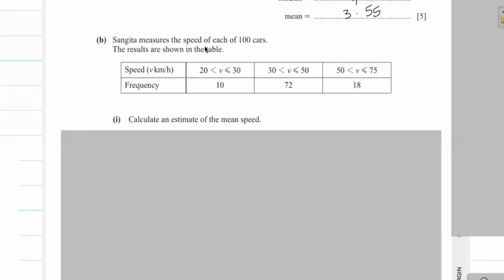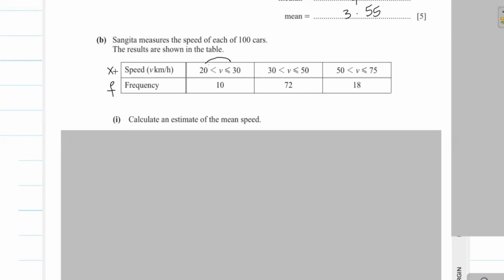Part B, Sangeeta measures the speed of each of 100 cars. The results are shown below. Calculate an estimate of the mean speed. The mean formula is sum of values divided by total number of values. Firstly, we will calculate the middle value of the interval. The middle value of the interval we name x, and the frequency we name f.